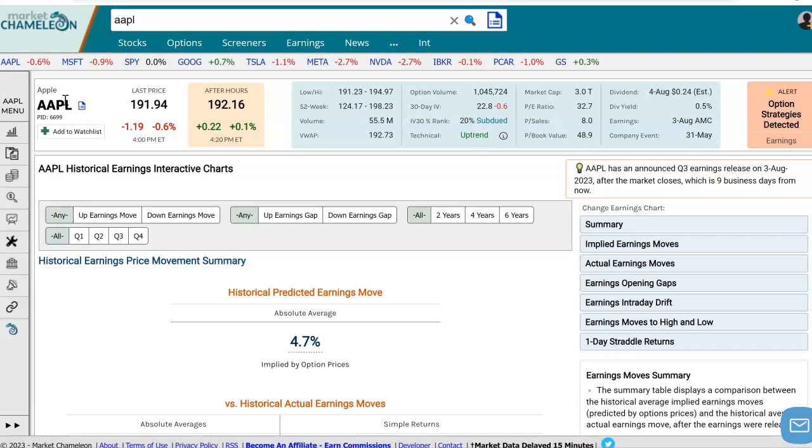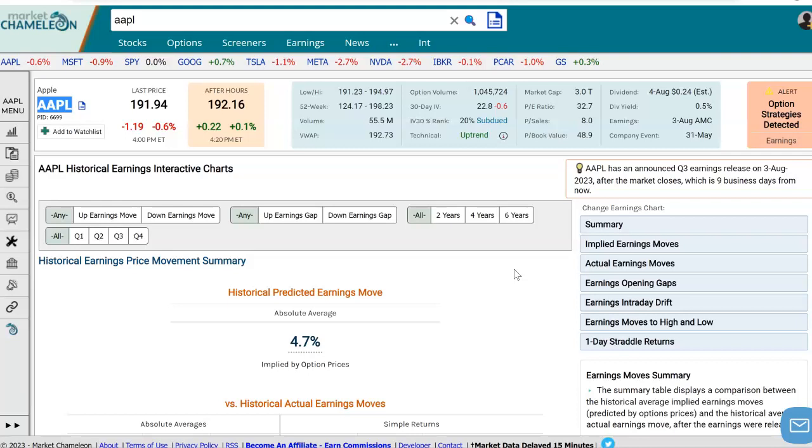However, when a stock reports earnings, and we're going to use Apple here for an example, it will usually report the earnings after the market closes or before the market opens. So the report comes out in extended hours, or the hours that are non-regular trading hours.